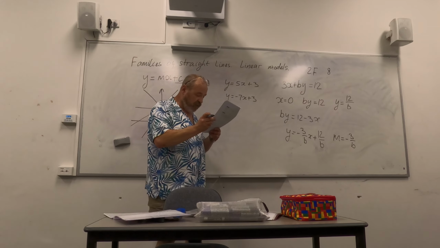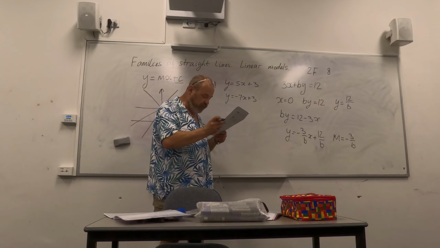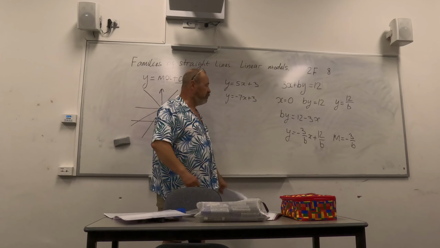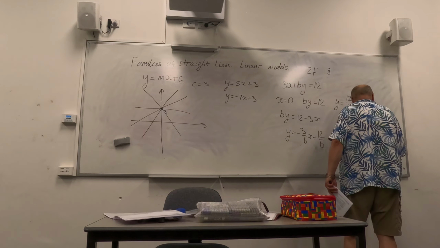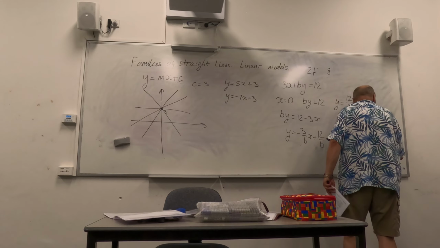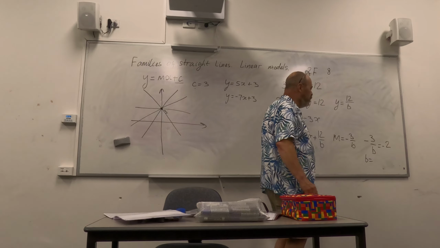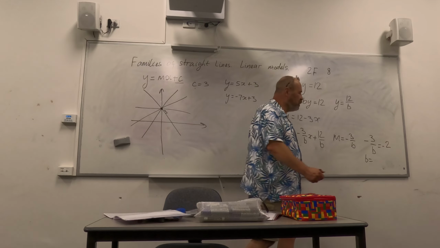And then find the value of b if the gradient is negative 2. Easy peasy. Negative 3 on b equals negative 2, so b will be 3 over 2.